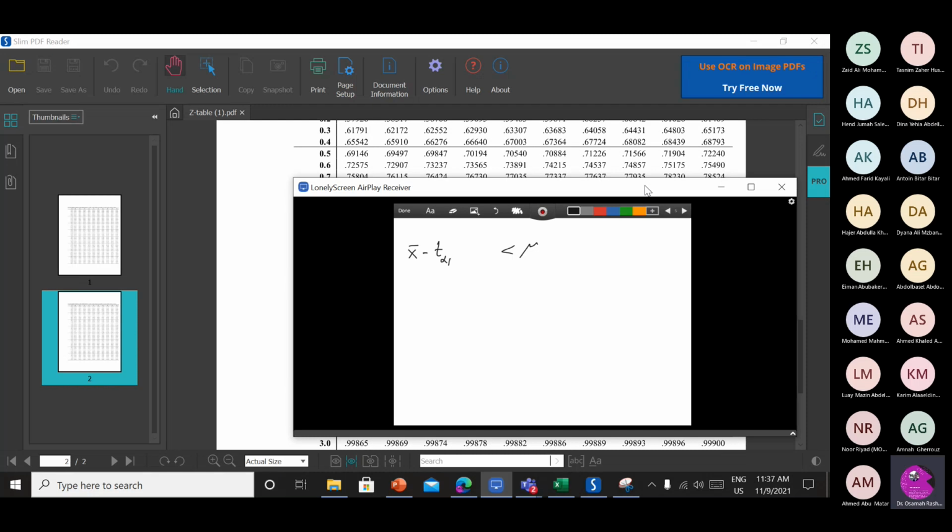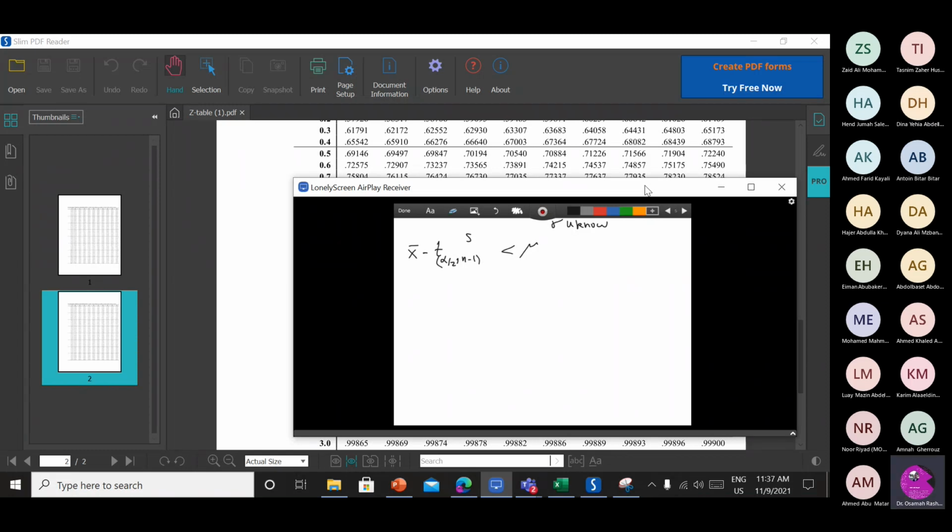T alpha over 2, and degree of freedom n minus 1. Yes, excellent. And you have S because sigma is unknown, so your colleague doesn't get upset. And I prefer sigma unknown. When n is less than 30, we use it.